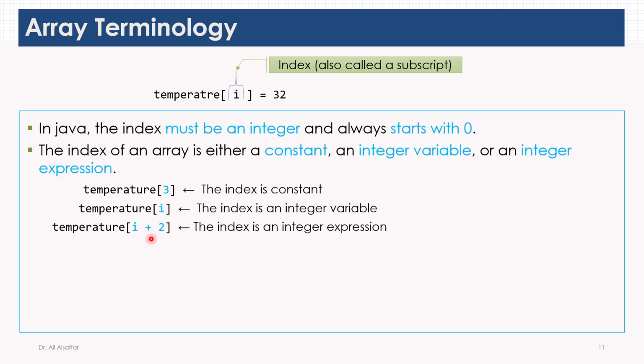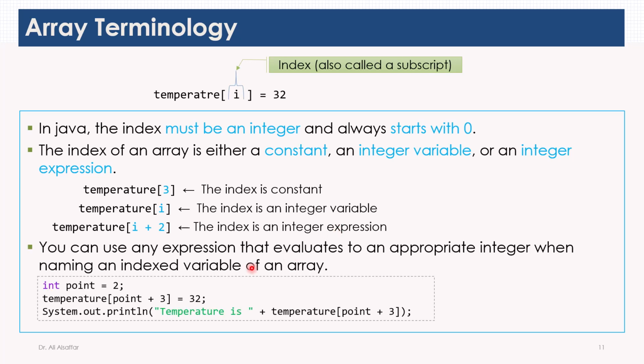You must put an integer expression so that the result is an integer, because a location must be an integer. Hence, you can use any expression that evaluates to an appropriate integer when naming an index variable of an array, because, as I said earlier, an index or subscript should be an integer.